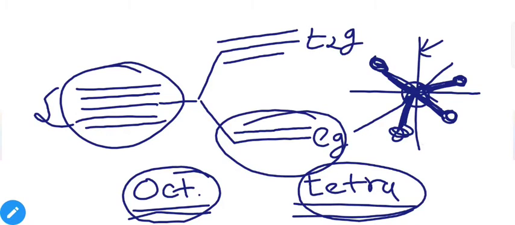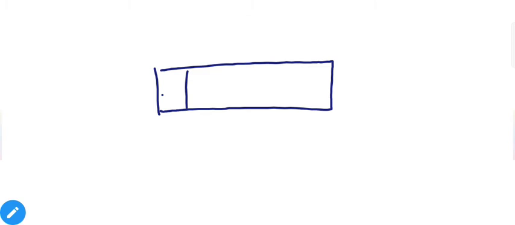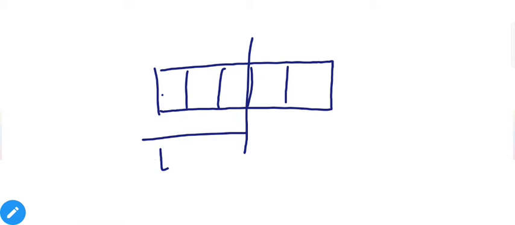This raises new stable electronic configurations. If we have octahedral molecules, then initially the same-energy 5d orbitals will split into two different parts: comparatively lower energy t2g orbitals and higher energy eg orbitals.